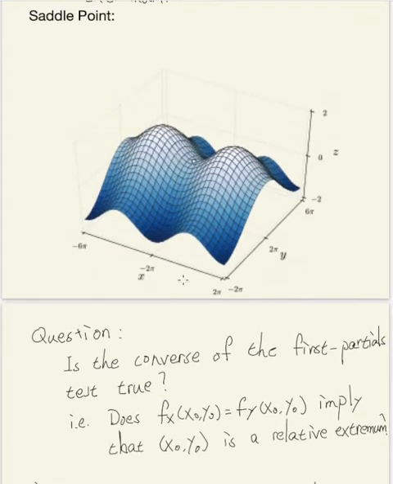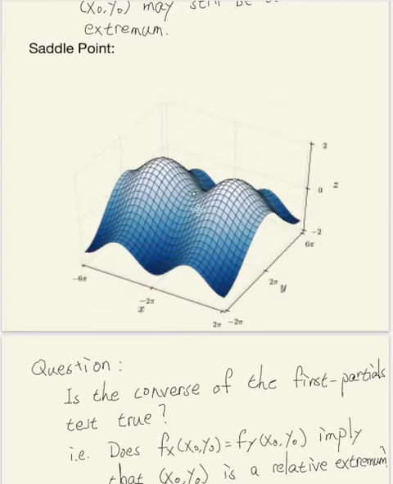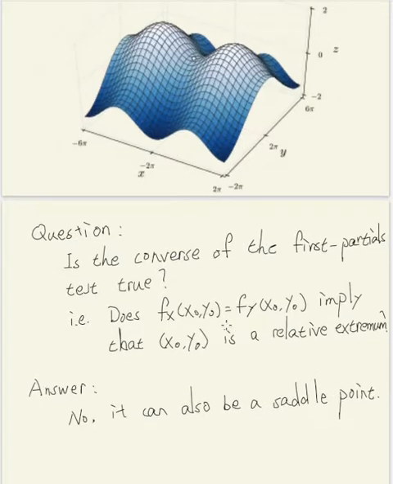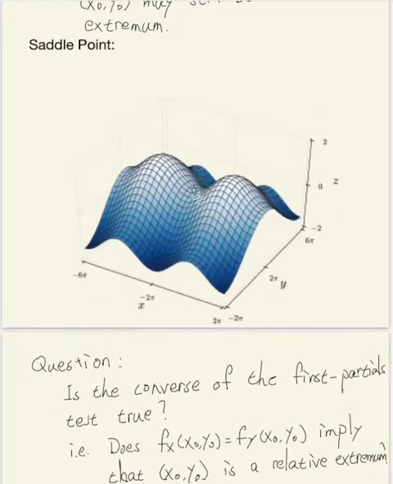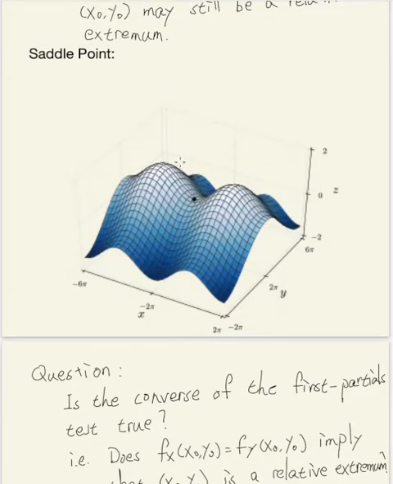Now the saddle point is actually defined exactly this way. That is, the points that satisfy. So maybe I should erase this. Let me explain why the answer is no first. Well, the answer again is hidden in this graph. If you look at this point in the middle here, and again we consider the trace f(x naught, y), then this is the trace.